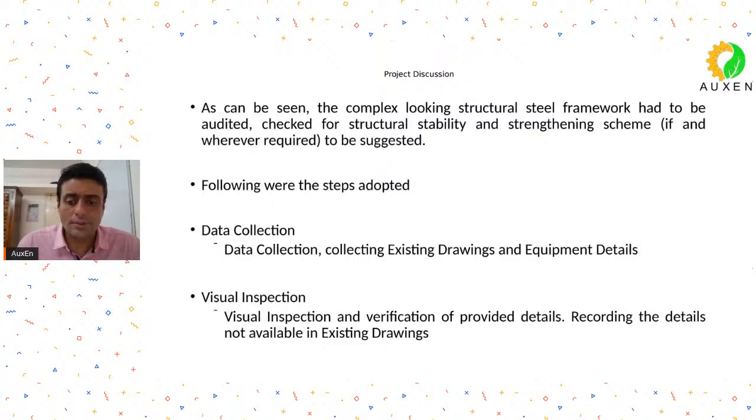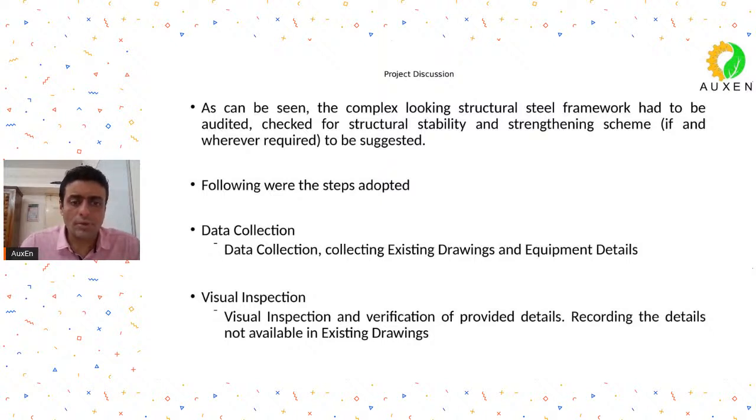We will discuss the steps in which we completed the project, and in the process we will also learn how you should carry out a structural audit. The steps that we took were the general steps that you take for a structural audit.